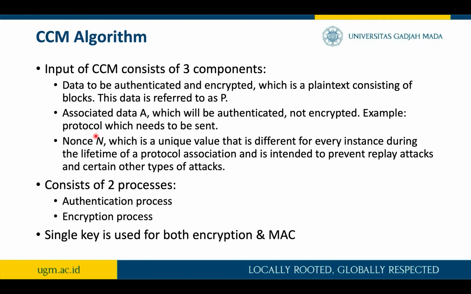It cannot be reused. So we have P, plain text, associated data A, and nonce N. The plain text must be authenticated and encrypted. The associated data needs to be authenticated, but not encrypted.